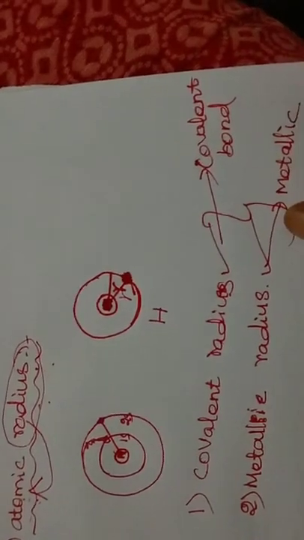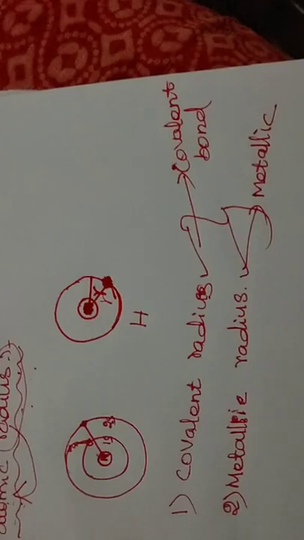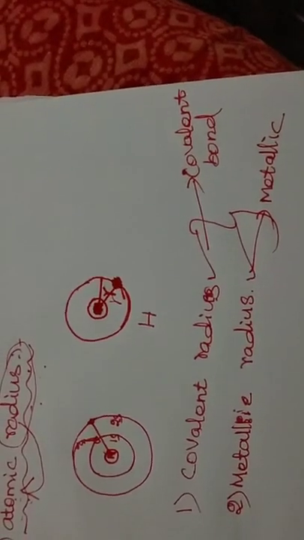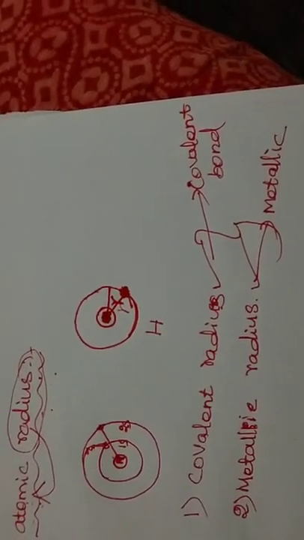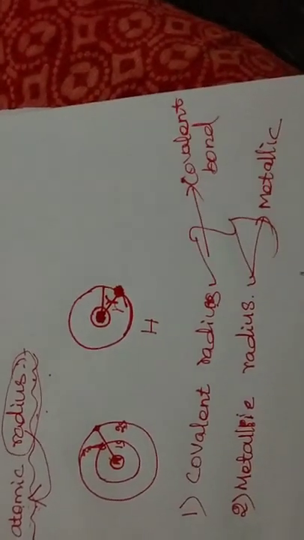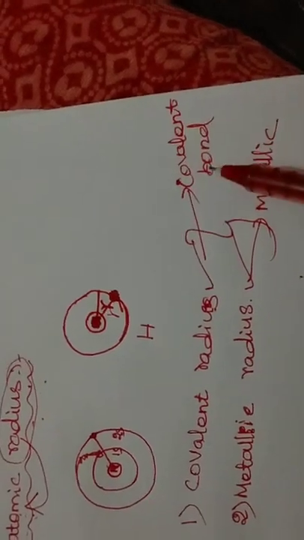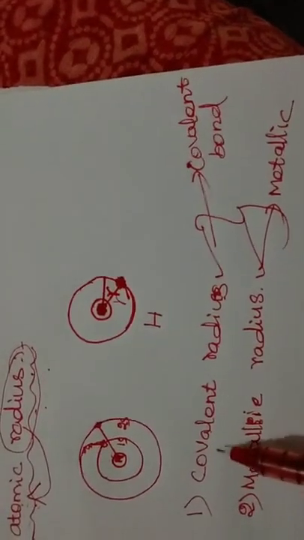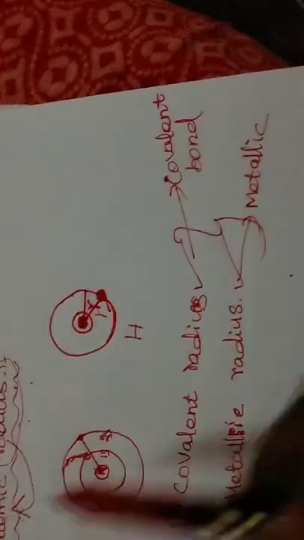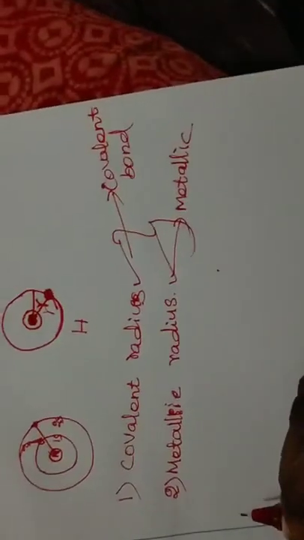Okay, so the atoms which are connected by the metallic bond, generally we use the metallic radius measurement process to find out the atomic radius. And if the atom is connected by the covalent bond, then you can use the covalent radius method to find out the atomic radius. What is the first type?